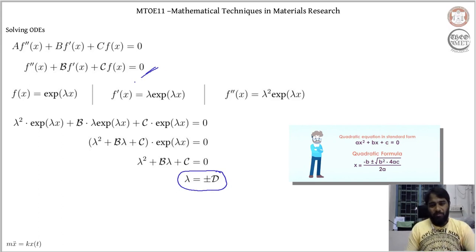There is one problem that this form of solution presents. That problem is that this unknown delta can assume either plus d, or minus d. It can be positive d, or it can be a negative d.